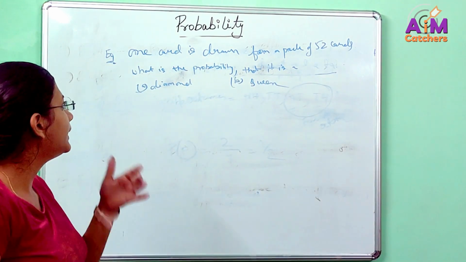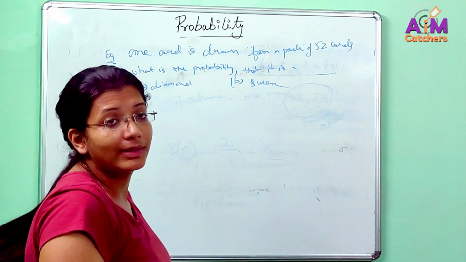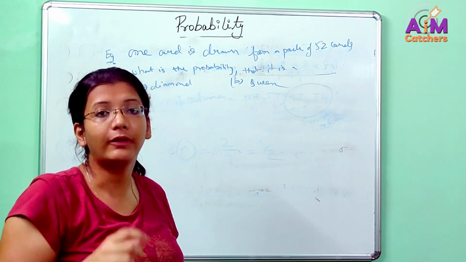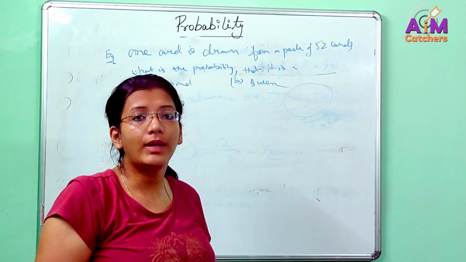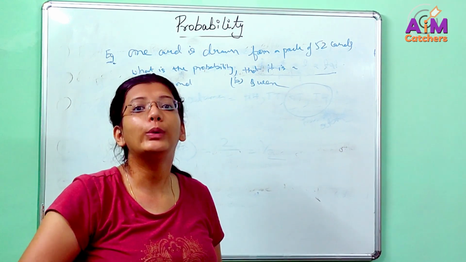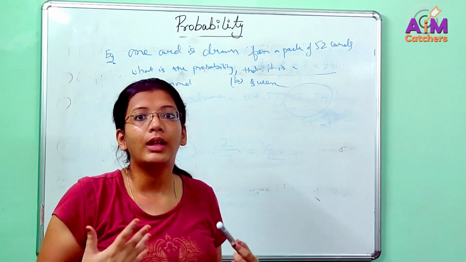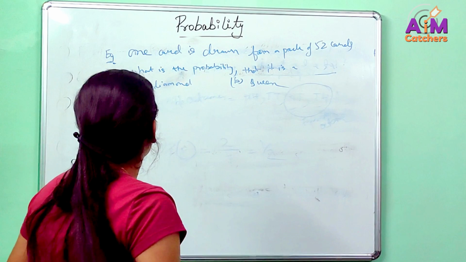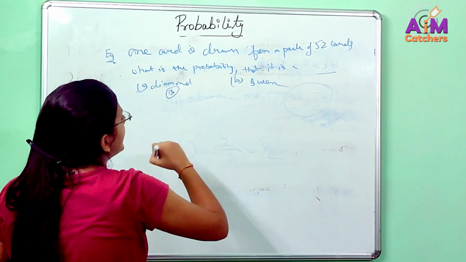Hope all of you know how many diamonds are there in a pack of cards. If you don't know, please have this information. That will be important for you in probability sums. There are many questions related to cards: diamond, ace, king, queen. So you need to have a clear understanding of what kind of cards a pack of 52 cards has. In a pack of 52 cards, you will get 13 diamonds, and 4 queens. That is general knowledge.